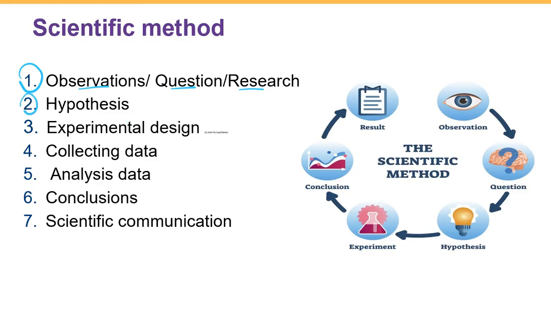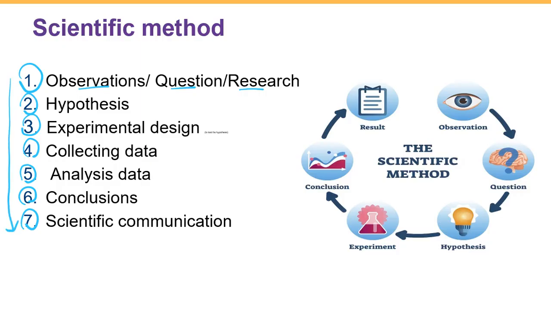Second, forming a hypothesis. Third, design an experiment. Then we need to collect the data, and then we are going to analyze the data. And then we are going to make a conclusion and then scientific communication. So you have to know these steps in order.